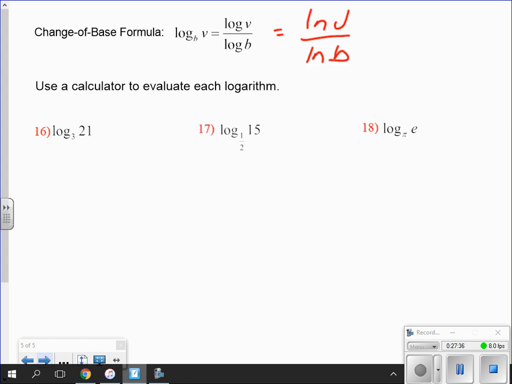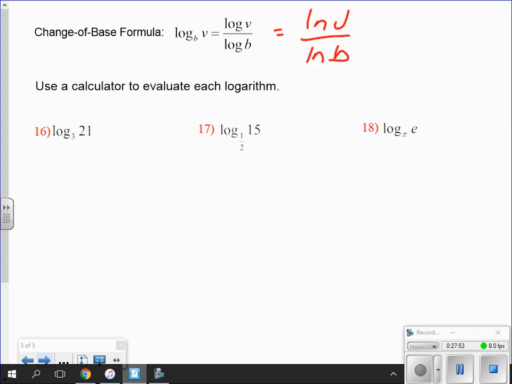You would get the same answer if you used a common logarithm as you would with a natural logarithm. It doesn't matter. You'll get the same numerical answer. However, I want you to start using natural logs as much as possible.